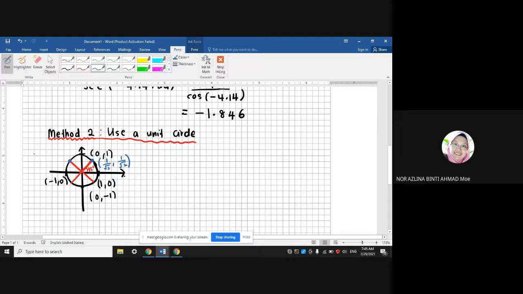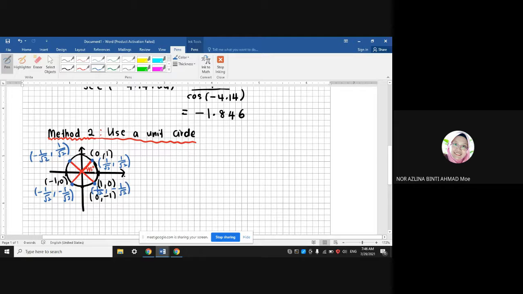Here for negative, x negative, negative 1 over square root 2, and for y, 1 over square root 2. For here quadrant 3, x negative, negative 1 over square root 2, y also negative, negative 1 over square root 2. For this point, x is positive 1 over square root 2, y is negative 1 over square root 2.